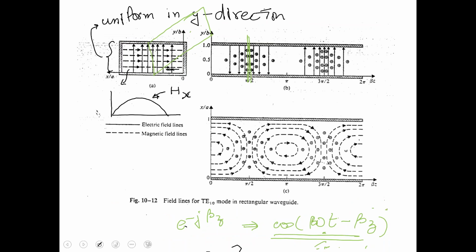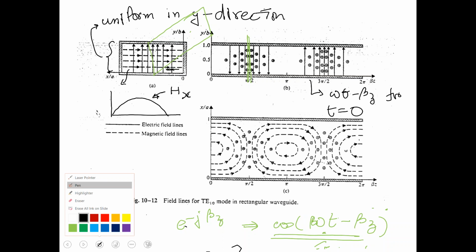This particular field was drawn for ωt − βz for t equal to 0. And with respect to that, the electric field is going to change in direction, whether it is positive y direction or negative y direction.